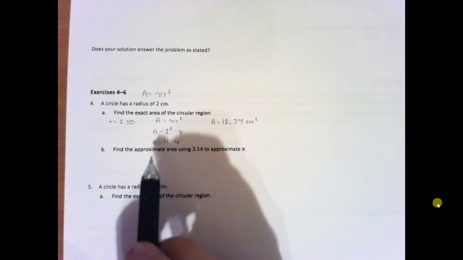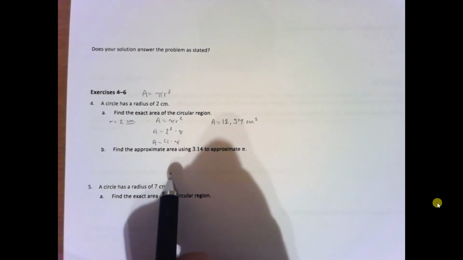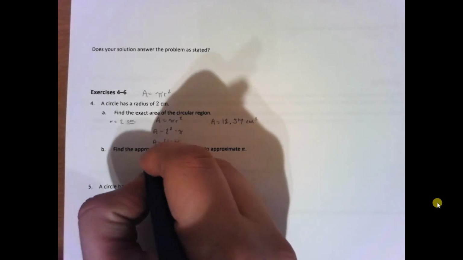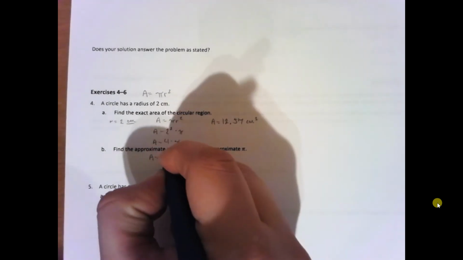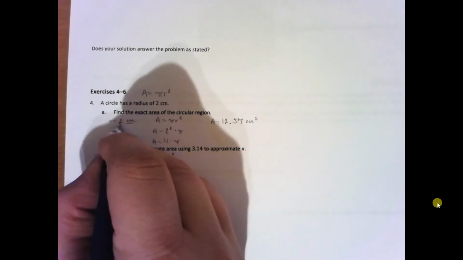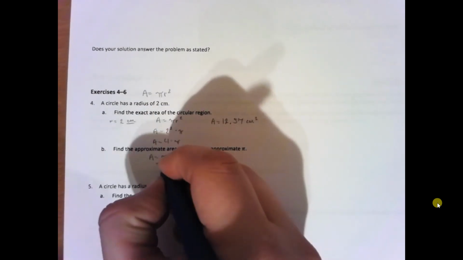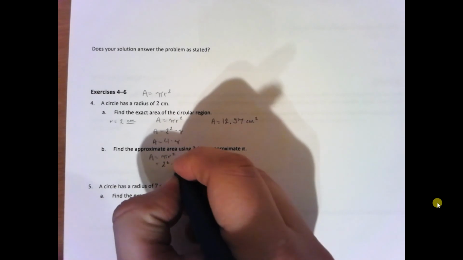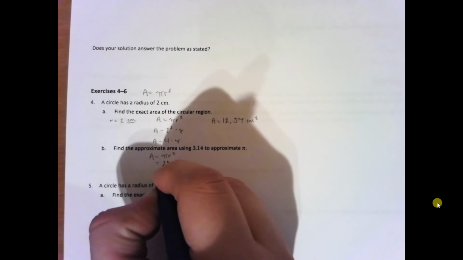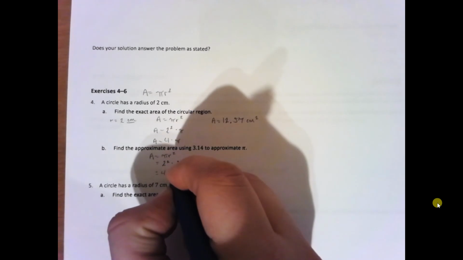Now it says find the approximate area using 3.14 to approximate pi. So we're still going to use the same formula. Area equals pi r squared. We're still going to use 2 squared because the radius here was 2. So 2 squared times 3.14. Well, 2 squared is 4, so we have 4 times 3.14.